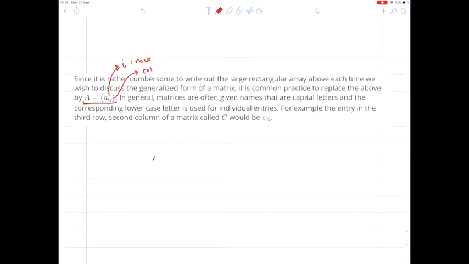So what we're really saying here is A looks like a matrix like this. The first row, first column entry is a11. First row, second column is a12. We'd keep naming these with a sub 1 because they're in the first row, up to a1n, because remember we have n columns.